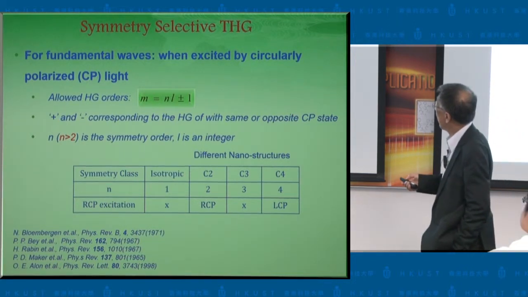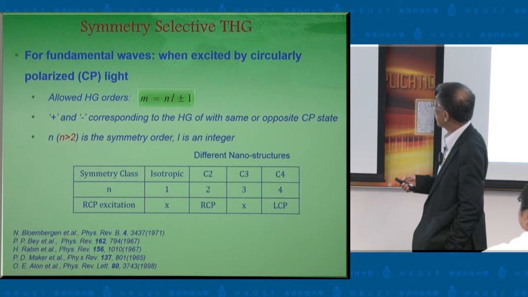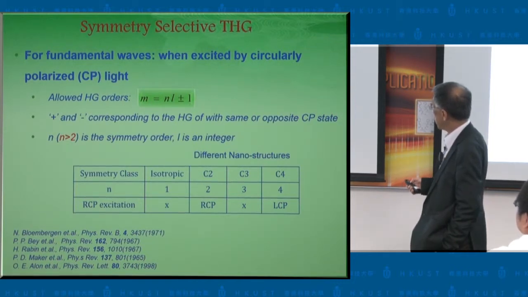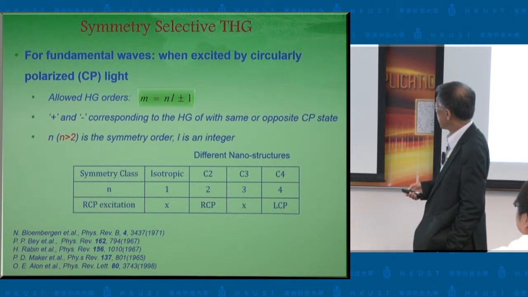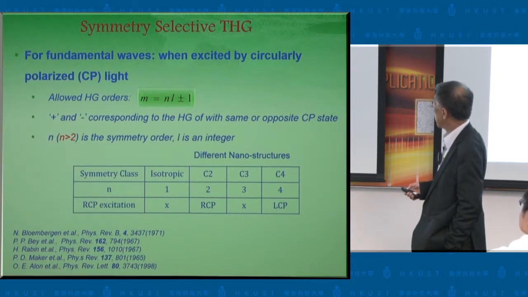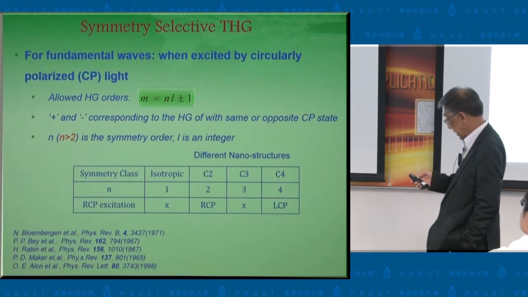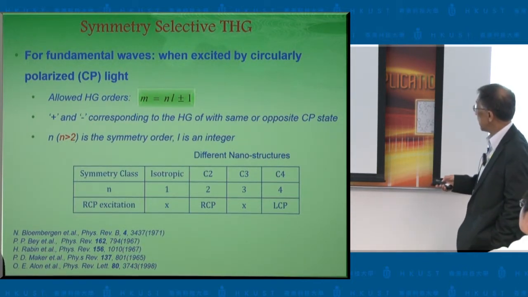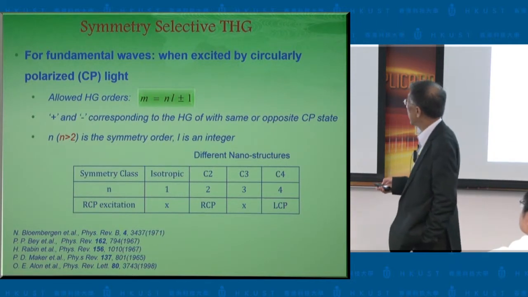So what we have done here is that we are designing three different nanostructures, C2, C3, and C4, whereby we are using RCP to look at the interaction of the polarized light with the different nanostructures, to see whether they obey the symmetry rules that we have just mentioned.